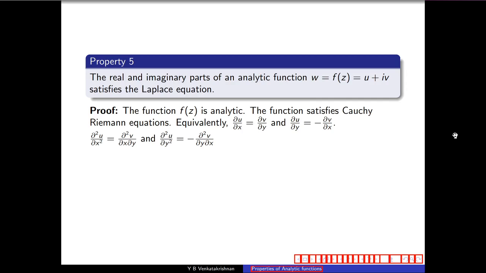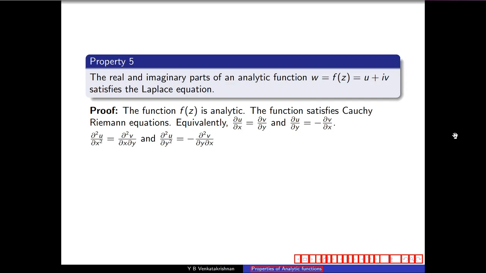Usually in partial derivatives, dou squared v by dou x dou y and dou squared v by dou y dou x need not be equal. But here they are equal because f of z is analytic. If f of z is analytic, then f of z is differentiable.